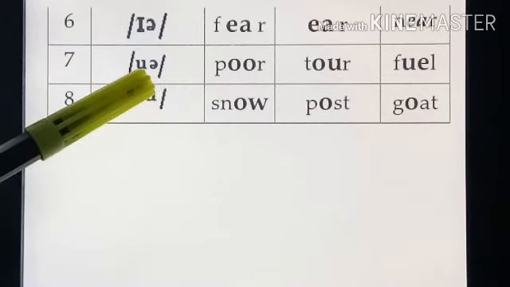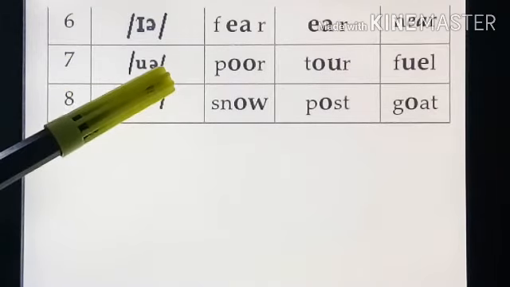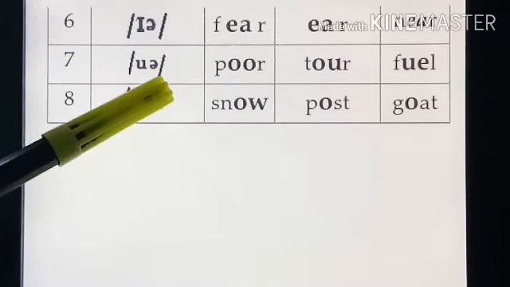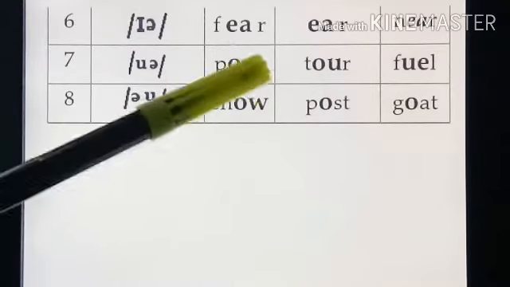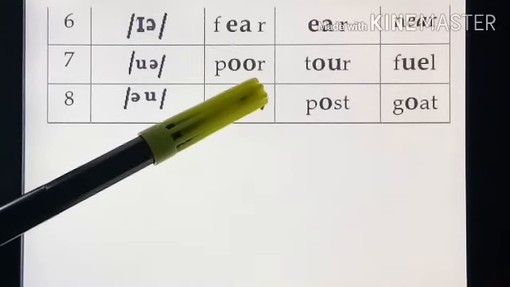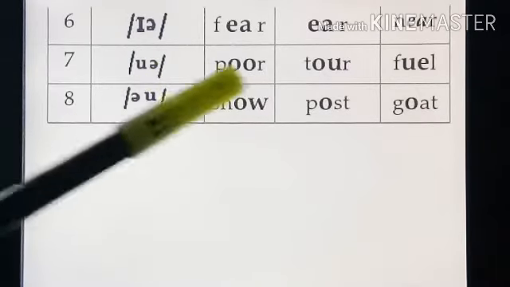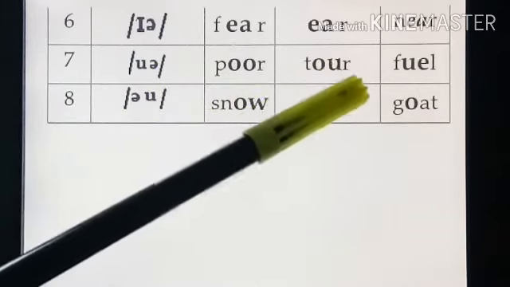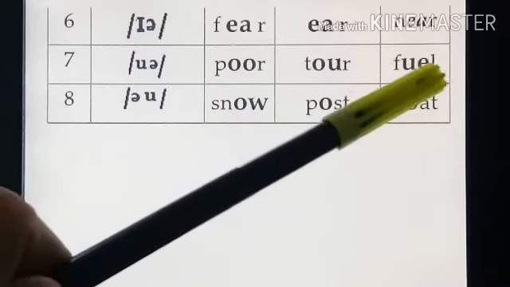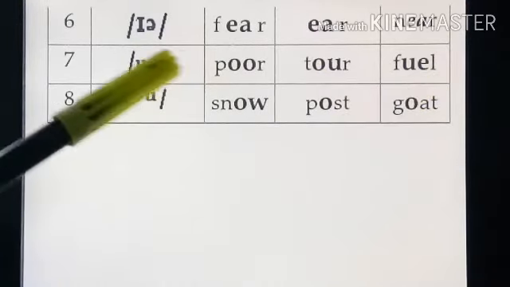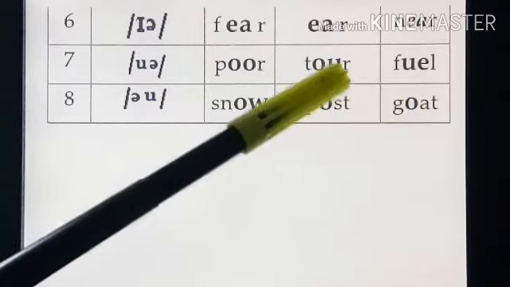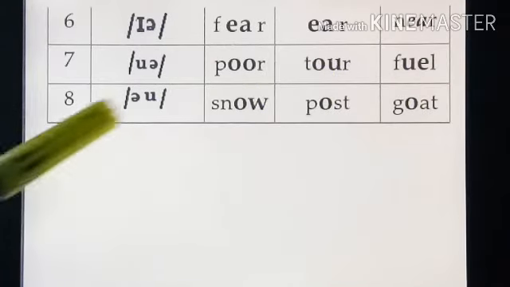This one is oo and oor. For this we have to remember this word P-O-O-R, poor. T-O-U-R, tour. F-U-E-L, fuel, lure.